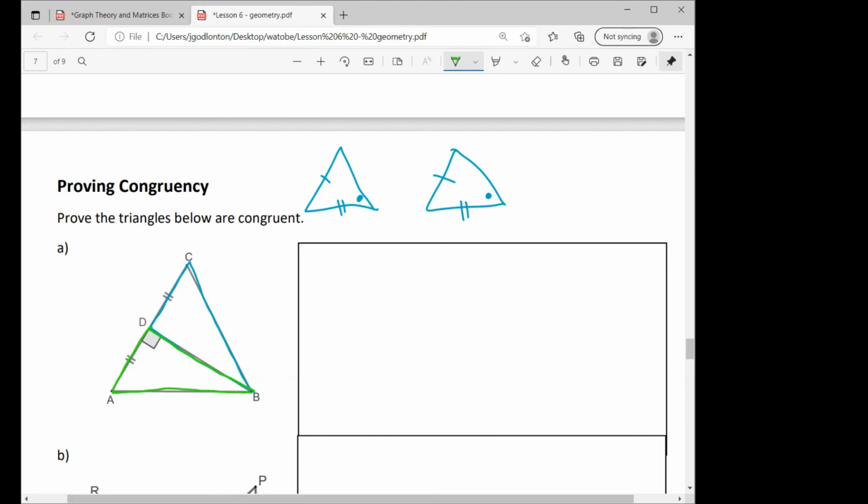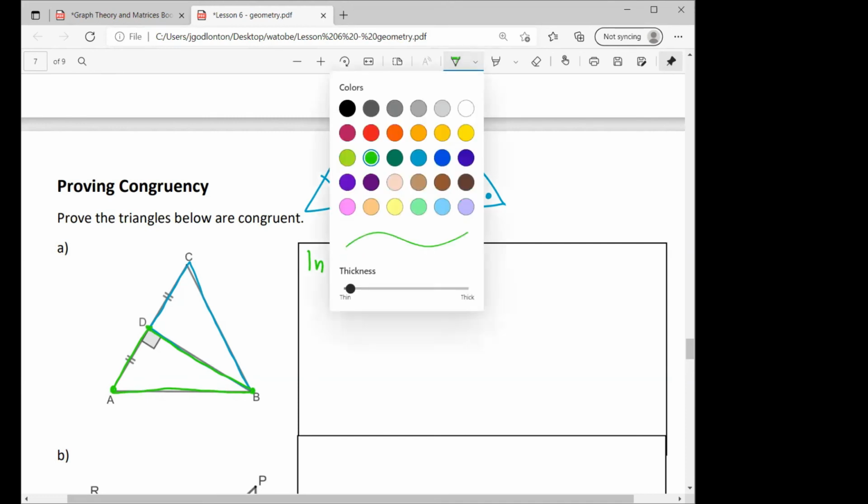The second thing we want to do is write out a sentence to say which triangles we're working in. So in triangle, and we want to do it the same way we do congruency, so we want to match things up. If I did ABD, I would say, and.